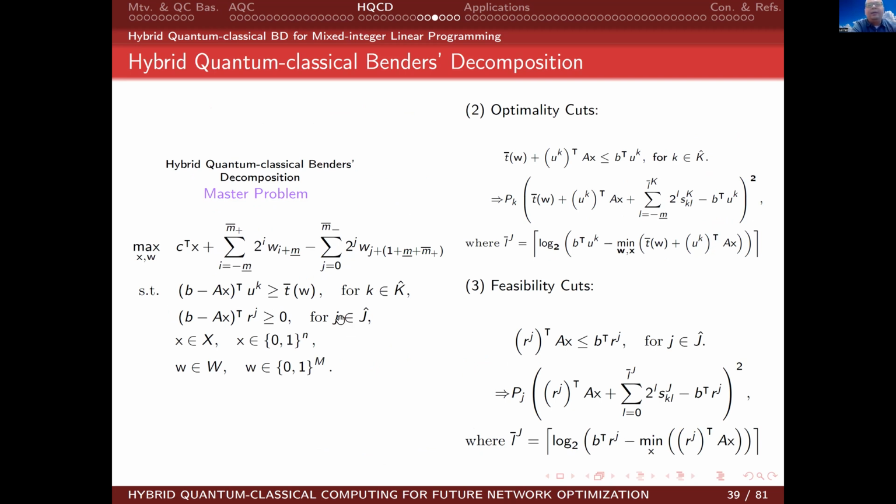So once we use the binary representation for T, we can rewrite the master problem in the binary programming model, and all the optimality cuts will be transferred to a term in the objective function, so that we can make sure the master problem is an unconstrained binary optimization model.